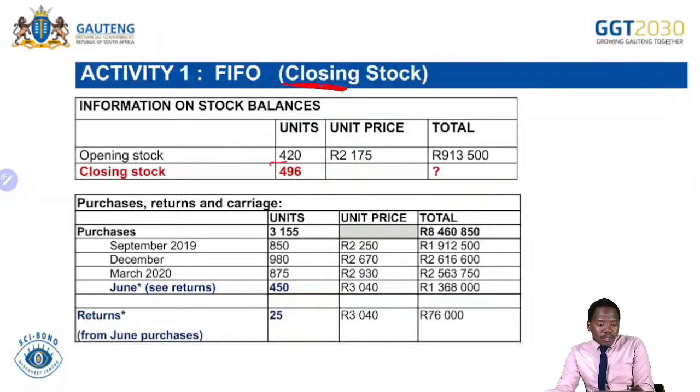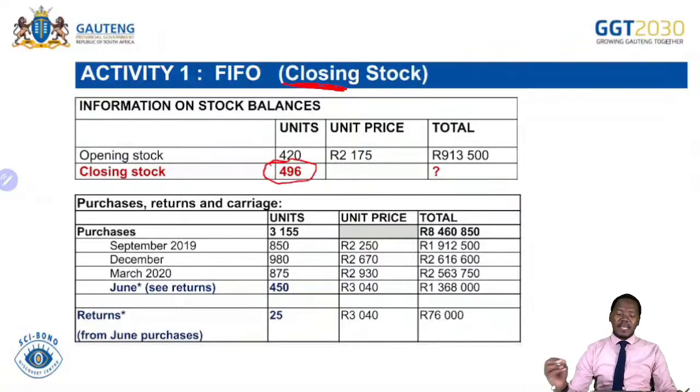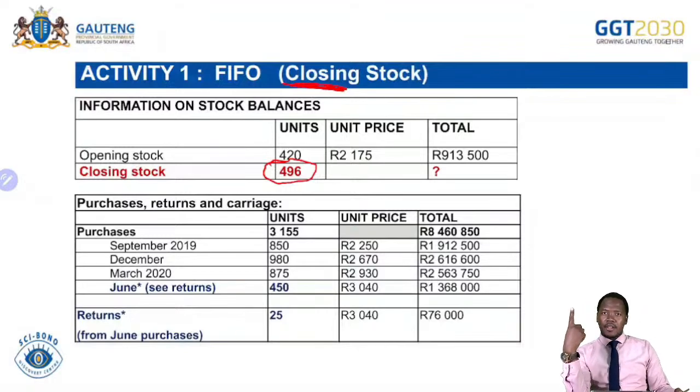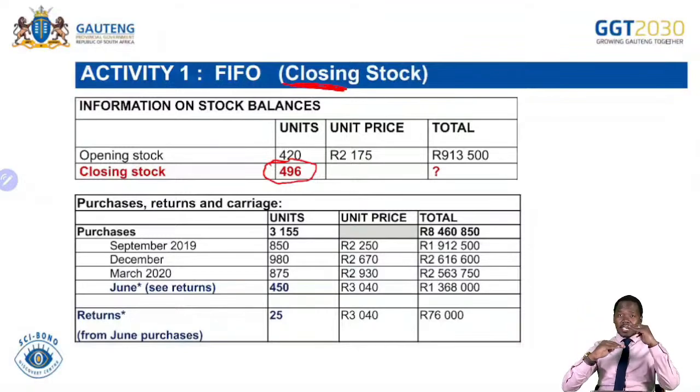Firstly, I'll have to look at my closing stock number. How many units do I have? That is my first step, grade 12. Remember, we need to do things step by step, so that we do not make mistakes. First, I must know how many units I am remaining with.